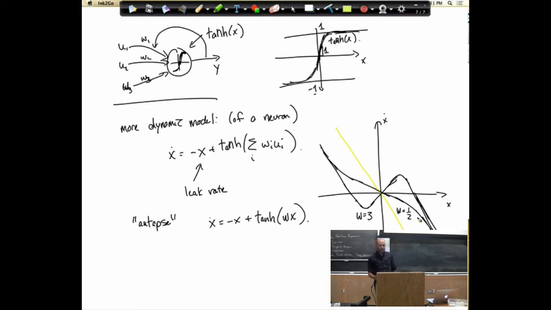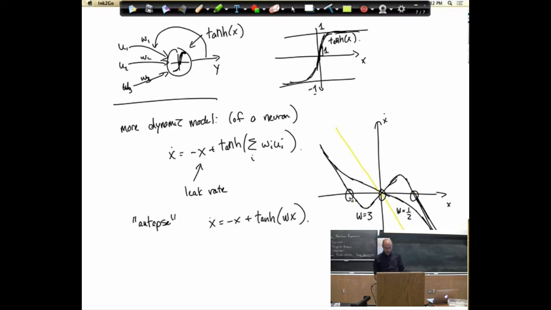And now we can quickly understand the fixed points of this system, right? And how they change as a function of connection strength, right? So what are the fixed points of this system? If W is very large, well, I'm going to get a fixed point here, and a fixed point here for the large W case.